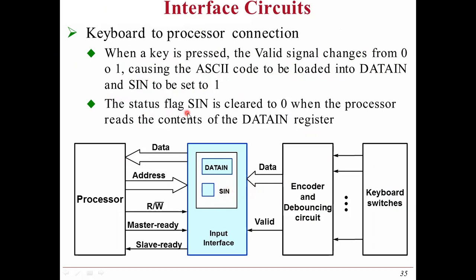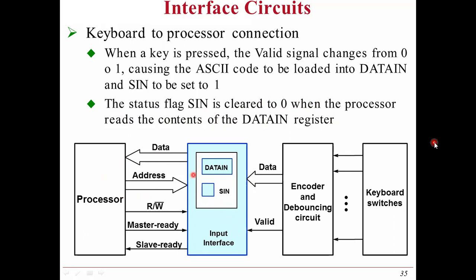The status flag SIN is cleared to 0 when the processor reads the contents of the data in register. That means after completing the read operation from the data in register into the processor, this status control flag becomes 0.